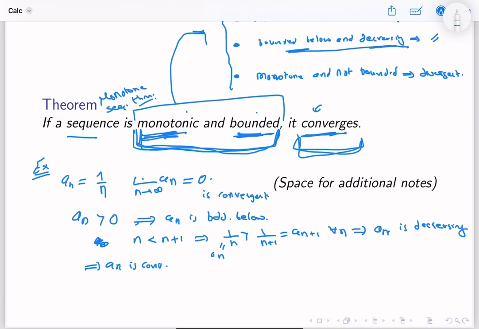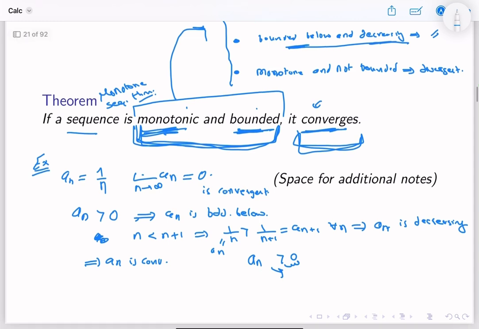Well, you have a sequence, right? And it's always bigger than 0, and it's always decreasing, right? So since it's decreasing and it's bigger than 0, intuitively, it should stop somewhere at some point and give you an answer, right?